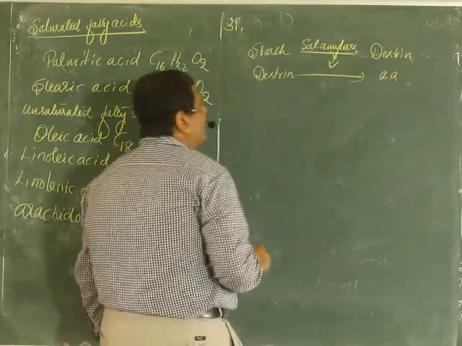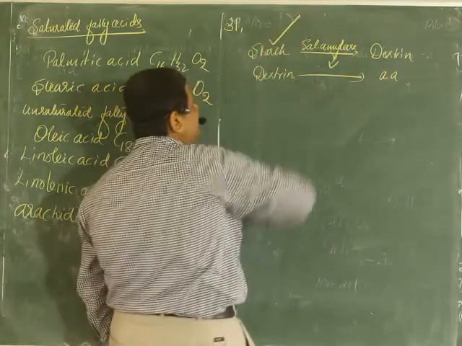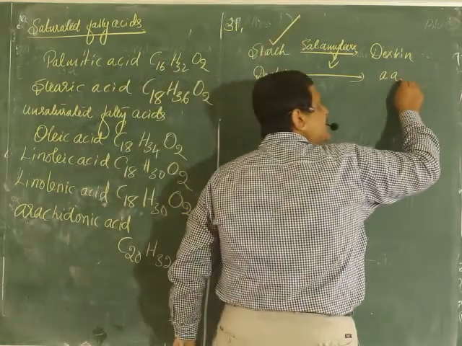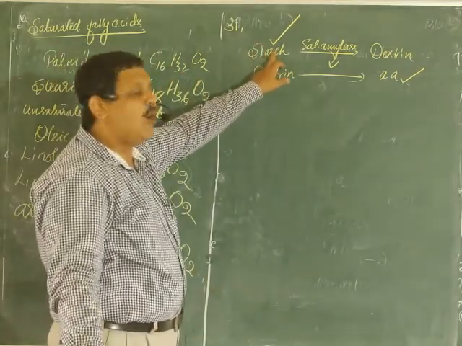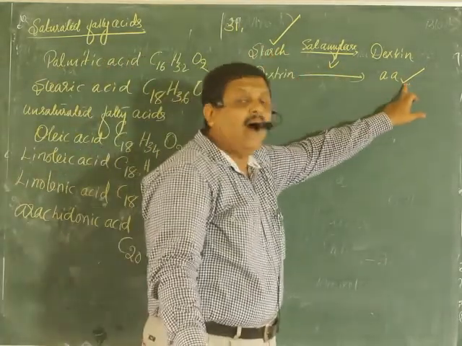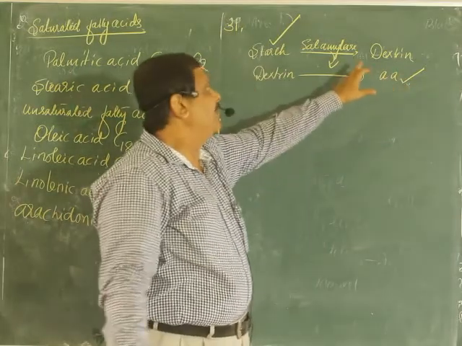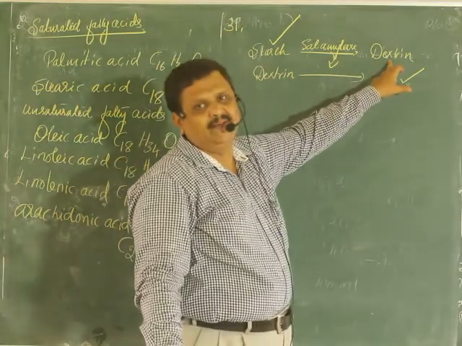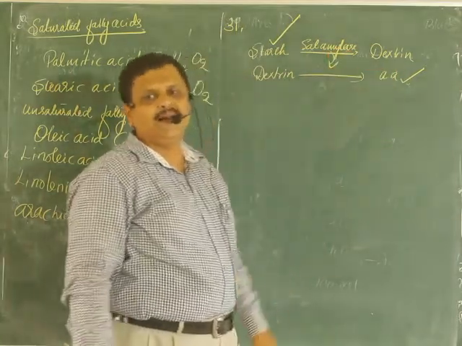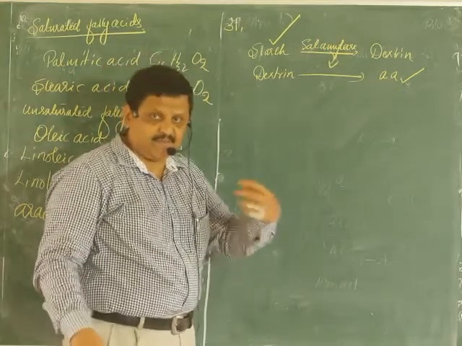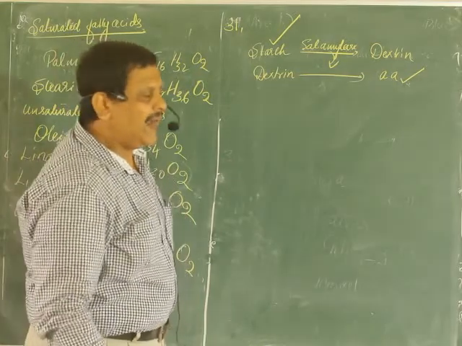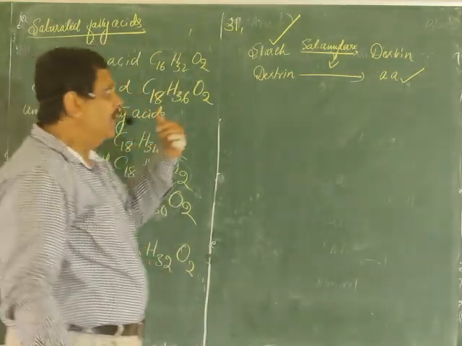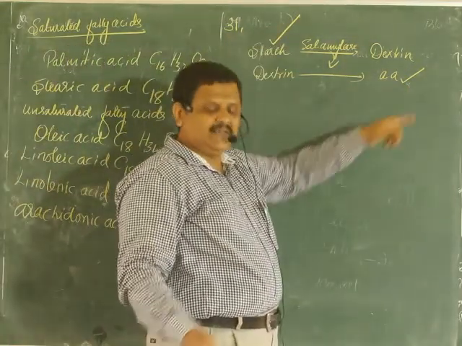So here, this is the complex polysaccharide. This is the simplest polysaccharide. But this is intermediate. Neither simple nor complicated. Such substances are called derived substances. So, derived lipids means neither complicated nor simple.